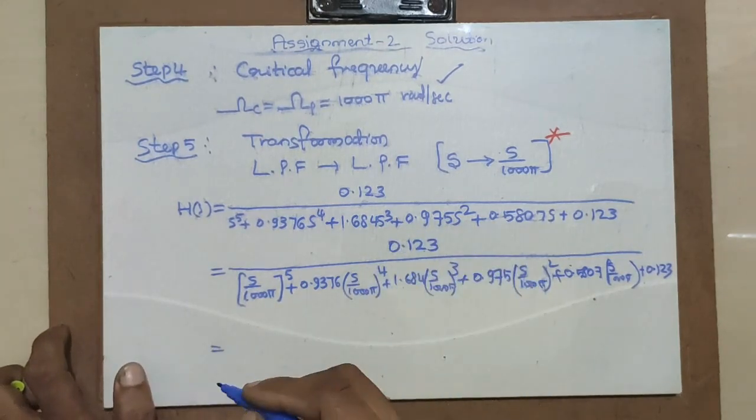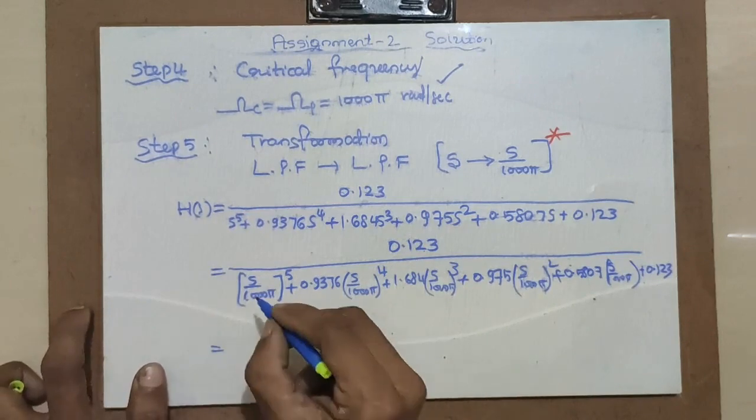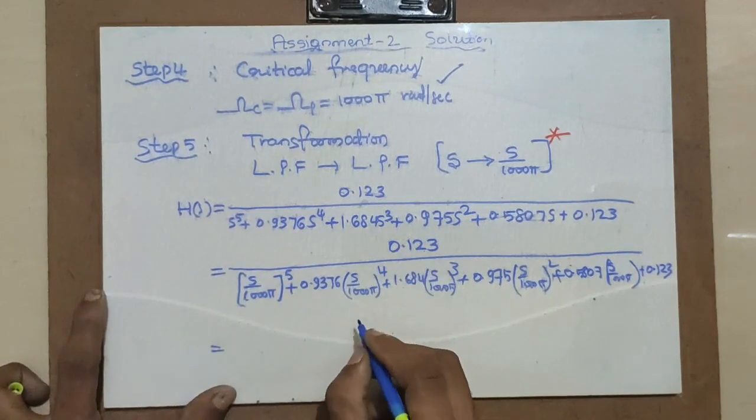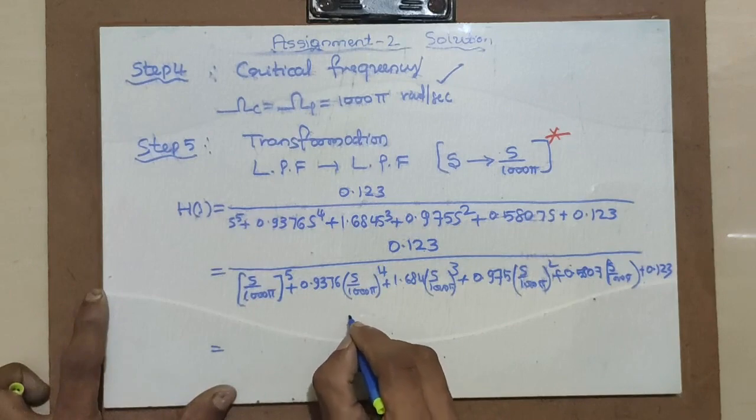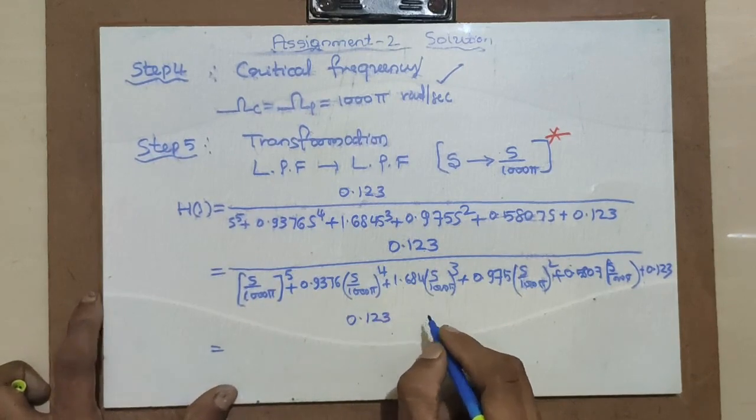Okay, now normalization. This goes to the numerator, isn't it? Hence 1000 pi raised to 5 goes to the numerator. You can keep this answer as the final answer, no problem. No need for you to multiply and keep all the values.